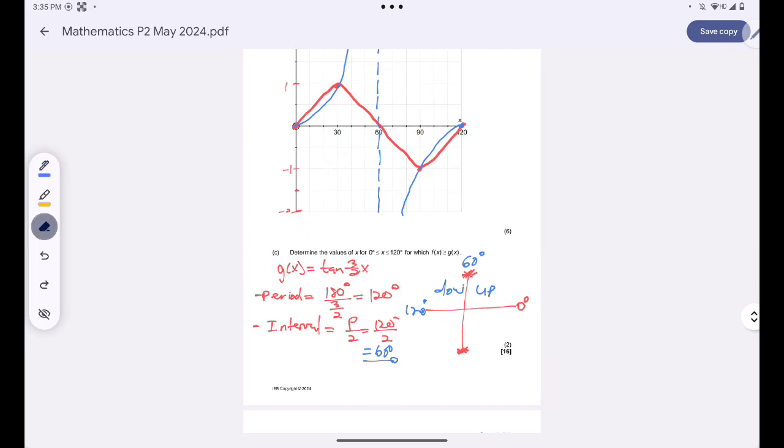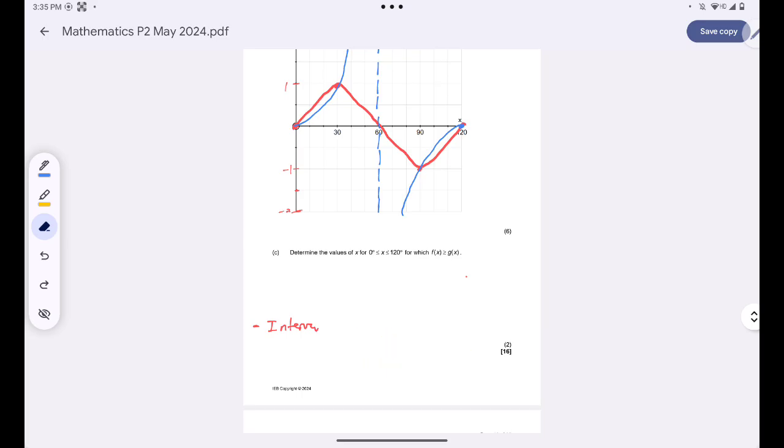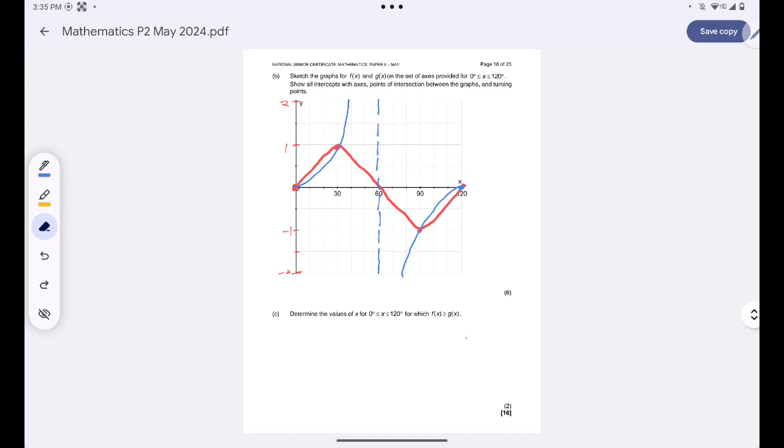Second question. Or not second question rather, but the last one. They want us to determine the values of x for which the graph of f is above the graph of g. Okay, the graph of f is above the graph of g. Where do we see that?